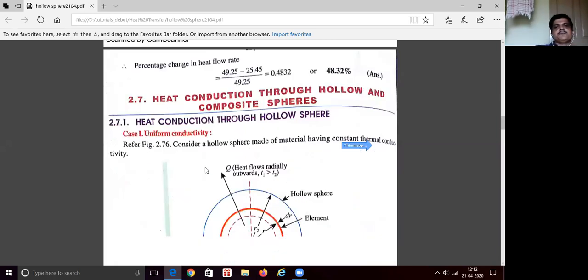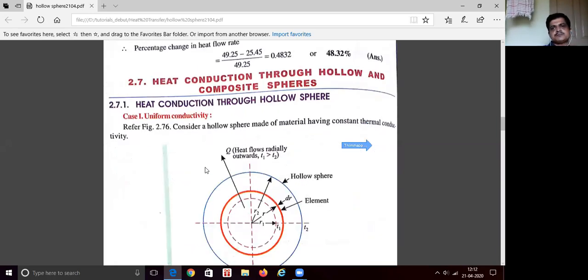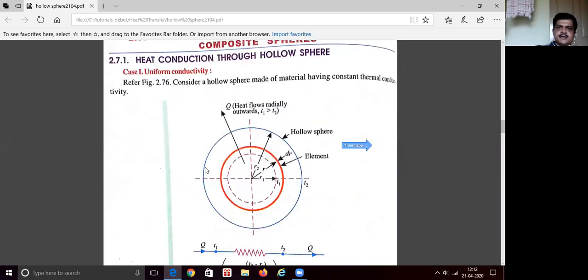Now let us go to heat conduction through hollow sphere. Same thing, last class we did hollow cylinder. This time we are doing heat conduction through hollow sphere. You know the difference, cylinder and sphere. Okay, the only difference is the general heat conduction equation and surface area.